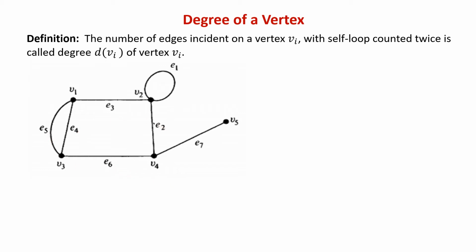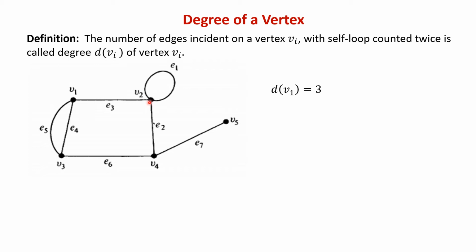So we find the degree of each vertex. Degree of V1: E3, E4 and E5 are the three edges incident on this vertex V1, so degree of V1 equals 3.